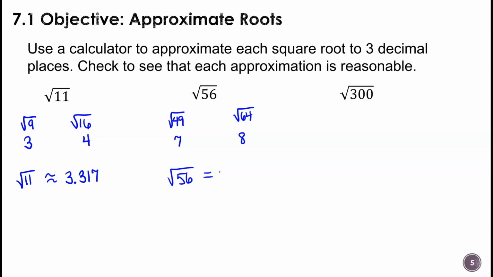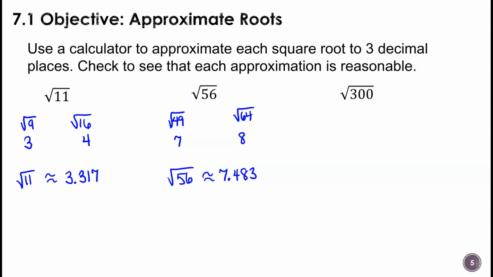So it's going to be 7 decimal, oh, let me put my wavy equal sign again. And in this case, it happens to be 7.483 when we round it to the thousandths place.